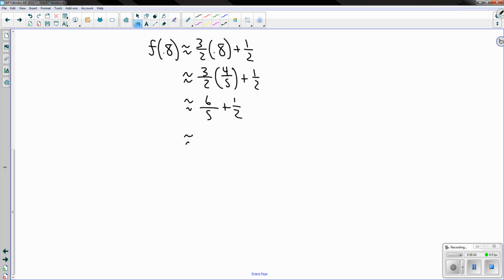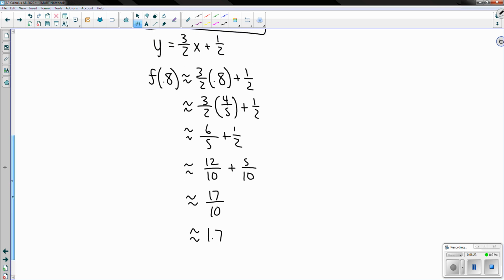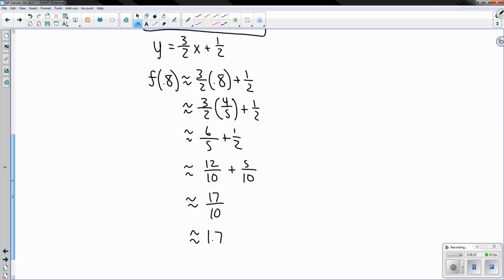And then we're going to get 12 over 10 plus 5 over 10, which is approximately 17 over 10. So there's your approximation, or we could say 1.7. Either of those answers is fully simplified, but again, from what I understand, arithmetic is not necessary to simplify on a non-calculator portion. So here are our final two answers.